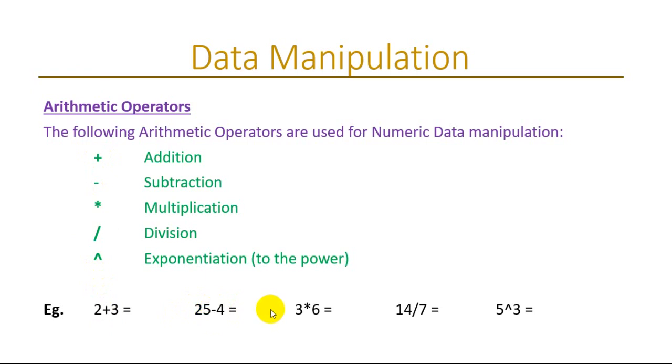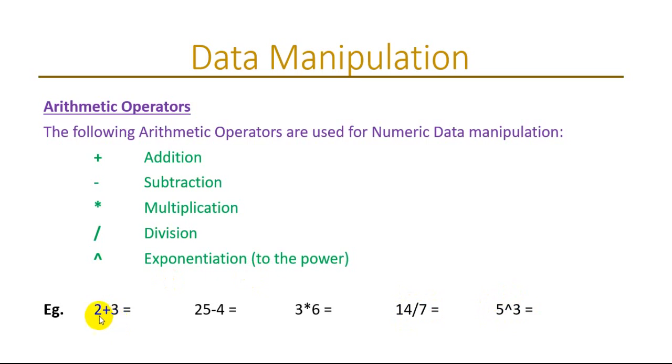Here we are using 3 and 6, two numeric constants, manipulating using the multiplication symbol. With 14 and 7, we are using division. And 5 to the power 3, we are using the exponent symbol to manipulate this. Okay, so let's see the results.